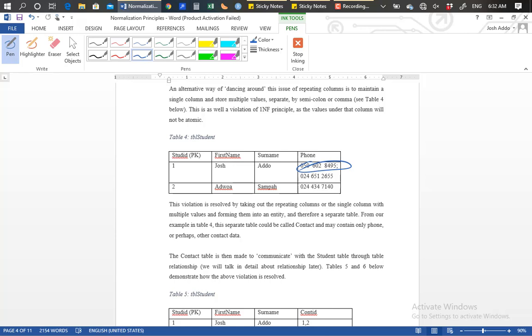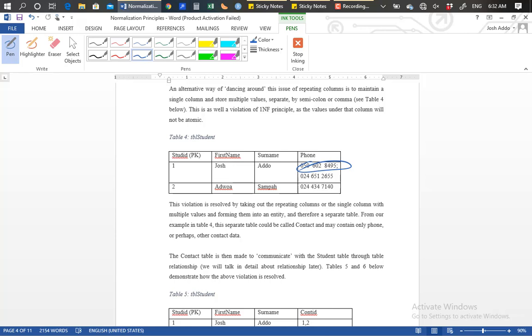So it is almost the same as the repeating columns, because here we have repeating values under the same column. So repeating values under the same column and repeating columns all present the same problem.